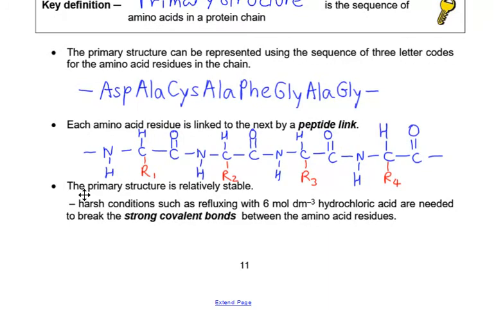All the bonds in this structure that I've drawn are covalent bonds. So the primary structure is relatively stable. It takes quite severe conditions to break the peptide bonds. So for example, if we want to hydrolyze a protein with acid, we have to reflux the protein with 6 mol per dm cubed hydrochloric acid.